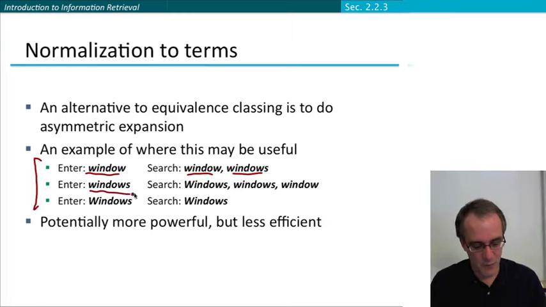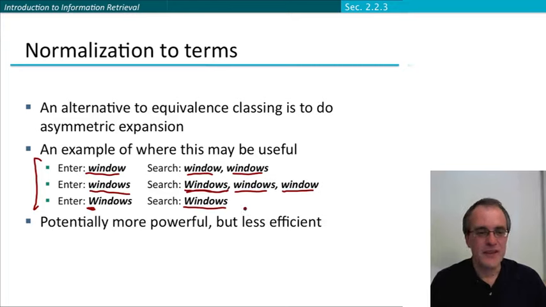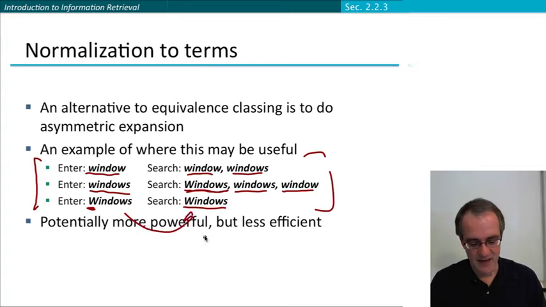If they type in Windows, well, they might be talking about regular glass windows, and so you might want to match that in the singular or plural, but they could easily also be talking about Microsoft Windows and just didn't bother to type the capital W. In the final case, if the user has typed the capital W Windows, then almost certainly they might want the Microsoft operating system. And so this suggests that rather than just equivalence classing all of these forms together, as we talked about previously, you might want to keep them separate and instead do selective query expansion.